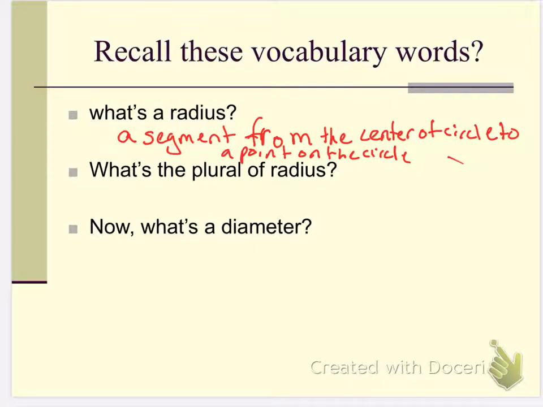Okay, I'm struggling writing today. After that we have what is the plural of radius. I don't know if you guys remember this one. This one's kind of a fun word, radii.